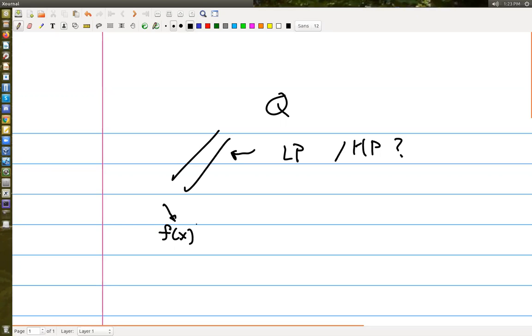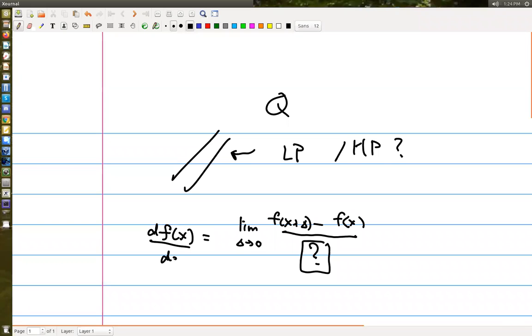If I take the derivative of f(x), that will be equal to something. That's basically the definition of the derivative really.